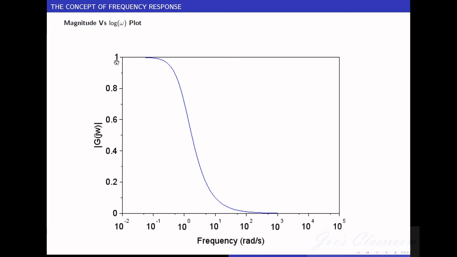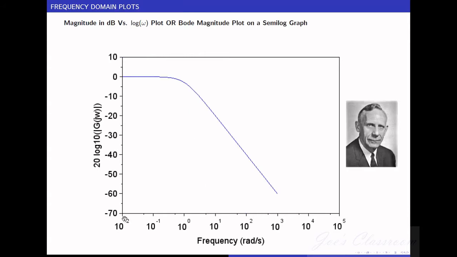The maximum value was 1, and then as frequency increased, the gain reduced from 1 to 0. So when I changed to decibels, the 1 was converted to 0 decibels because log 1 to the base 10 is 0. So therefore, 0 decibels means the gain is 1.